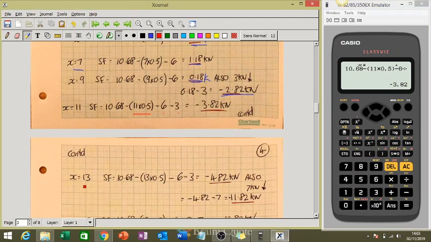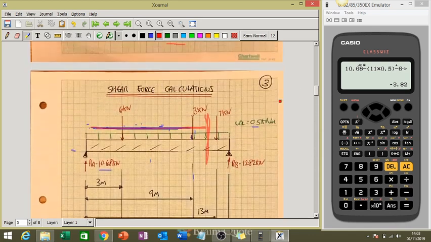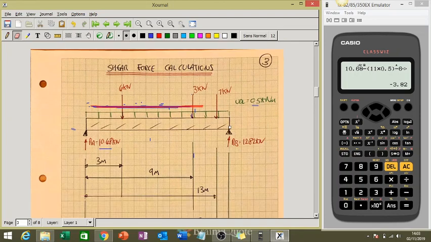And now I've gone to x equals 13. At x equals 13 as before, I've got another point load kicking in. So we're going to have 2 points. So let's get rid of that. So at x equals 13, I've got all of this because I'm at x equals 13 now.